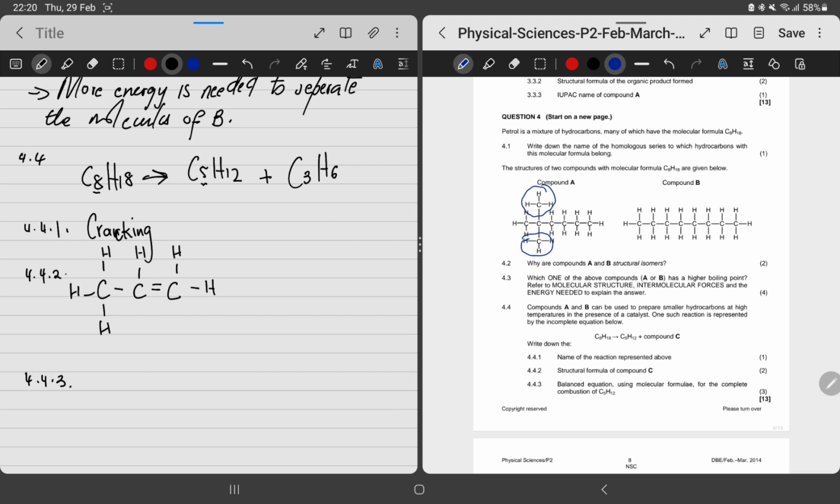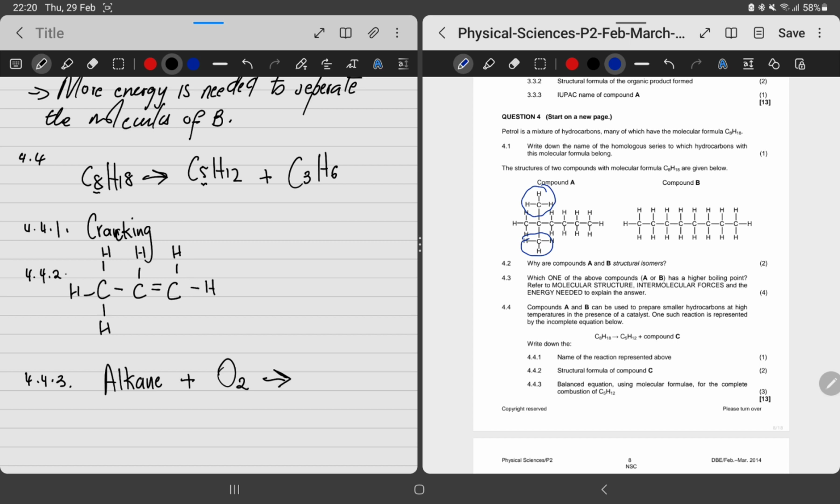4.4.3. A balanced equation using molecular formulae for the complete combustion of. Okay, so that is an alkane. Okay, let's just do this. When you take an alkane, for complete combustion, it means that we are reacting that with oxygen.